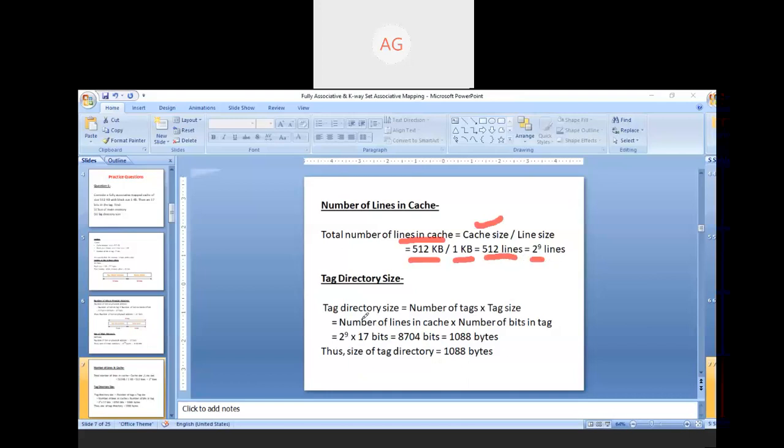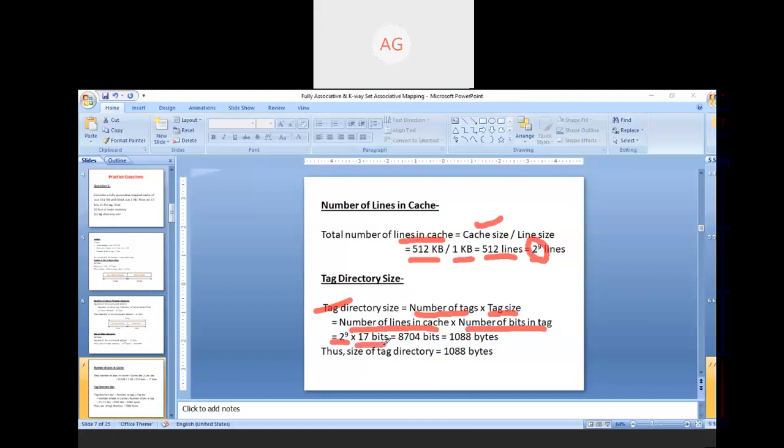The tag directory size is given by the formula number of tags into tag size. It can also be found by using the formula number of lines in the cache into number of bits in the tag. As we already found, the number of lines in the cache is 2 to the power 9, and the number of bits in the tag is already given in the question, which is 17 bits.